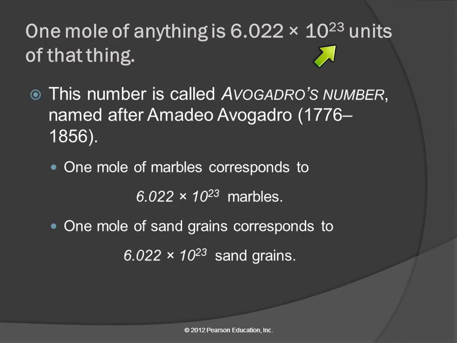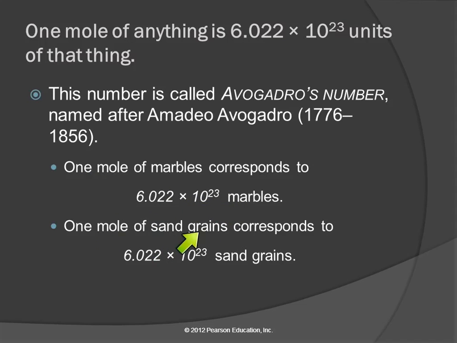It's 6.022 times 10 to the 23rd. That's called Avogadro's number. It's named after this guy, Amadeo Avogadro, who did some really amazing work and helped us to figure out some things that led to the mole. And so we named this number after him. So a mole of marbles, 6.022 times 10 to the 23rd marbles.